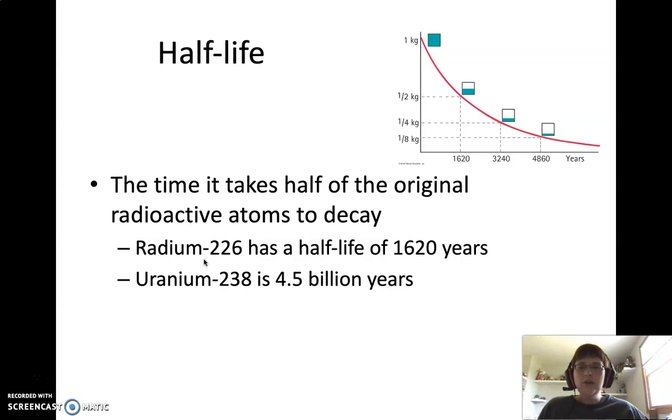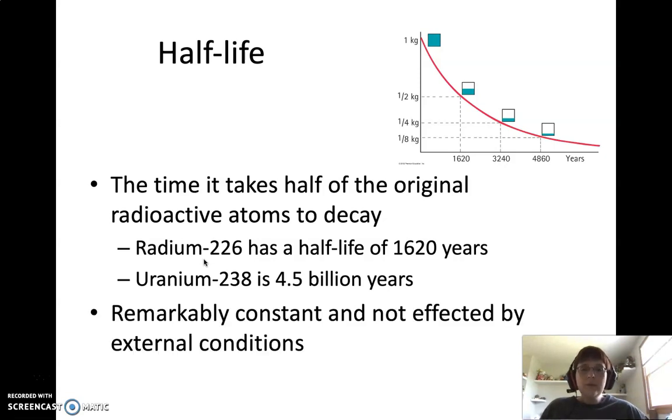So there you've got radium-226 with a half-life of 1,620 years, and then you've got uranium-238, which has a half-life of 4.5 billion years. So the uranium has a half-life of about the age of the Earth. So all of the uranium-238 that was formed with the planet, about half of it has now broken down.